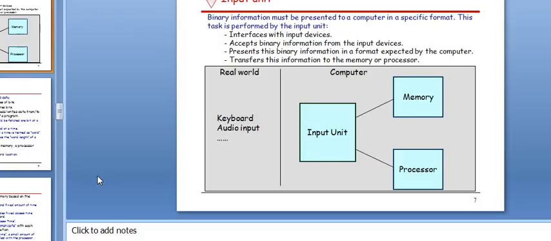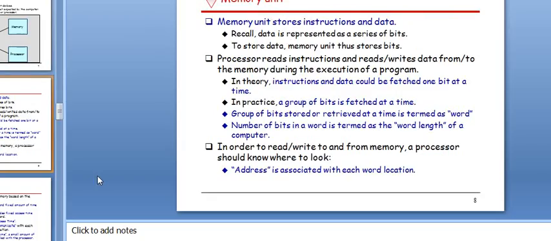Then next is the input unit. Basically we are going through all the parts of our computer, and the first part is the input unit. Binary information must be presented to a computer in a specific format, and this task is performed by the input unit. Actually we provide input through the keyboard, for example, and the input unit interfaces with input devices like that.